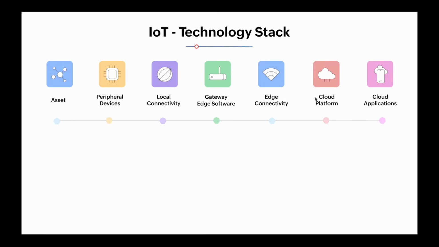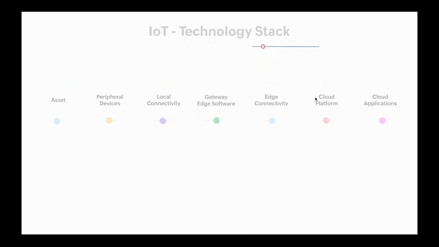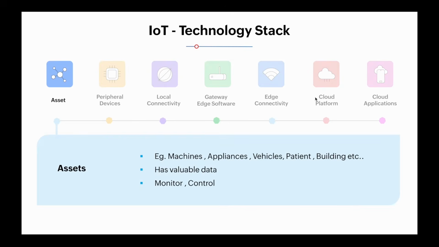It all starts with the assets. These are the critical infrastructure or equipment that has valuable data, for example machines, appliances, vehicles, patients, buildings, anything that generates valuable operational data that requires monitoring and control.